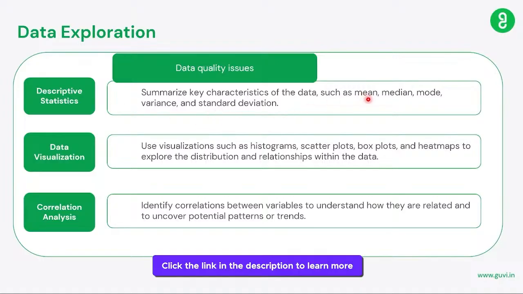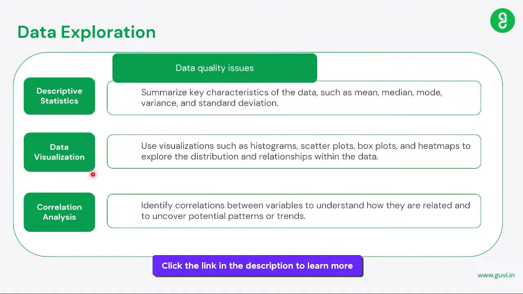Take for example, measures of central tendency: mean, median, mode. And variance and standard deviation offer insights on the variability, and skewness will help us understand the distribution of the data. So by summarizing the statistics, analysts can quickly grasp essential aspects of the dataset's distribution and variability.